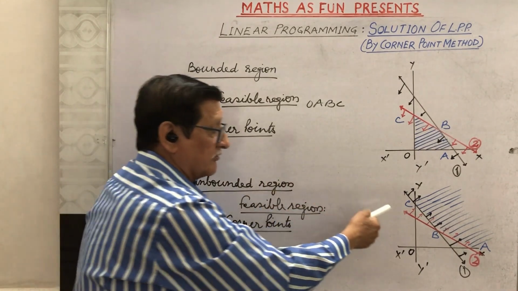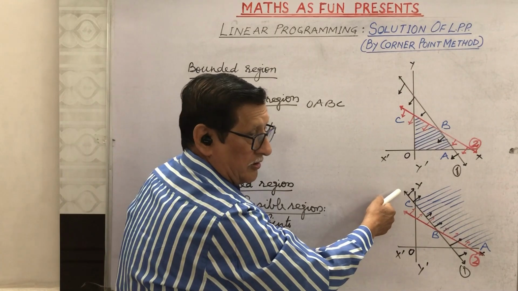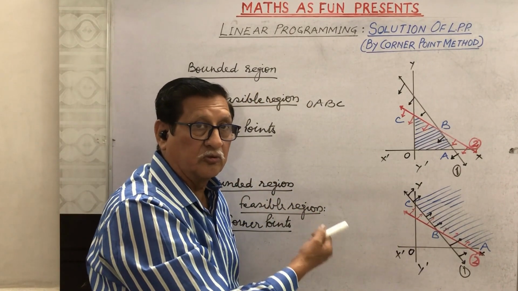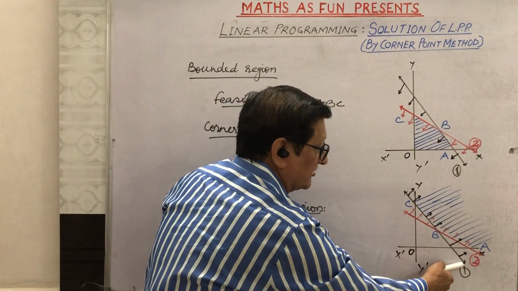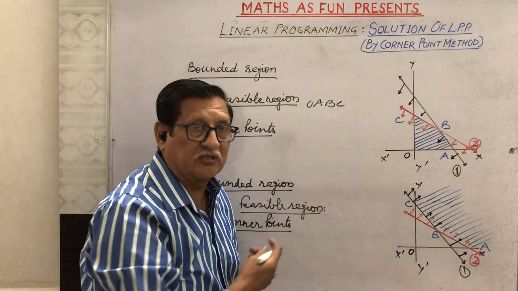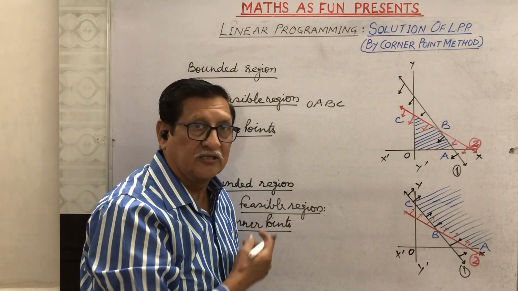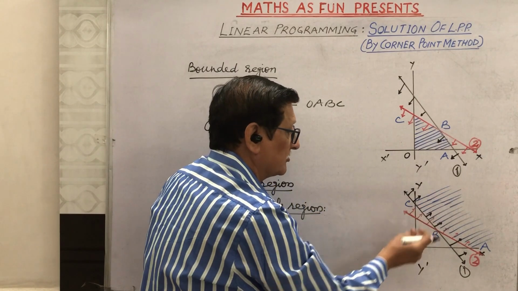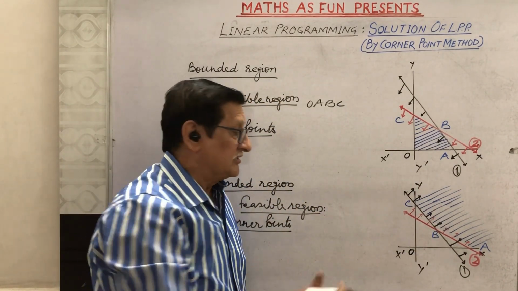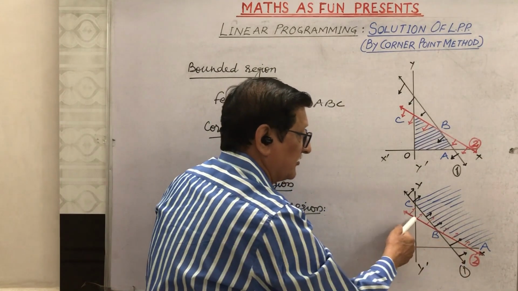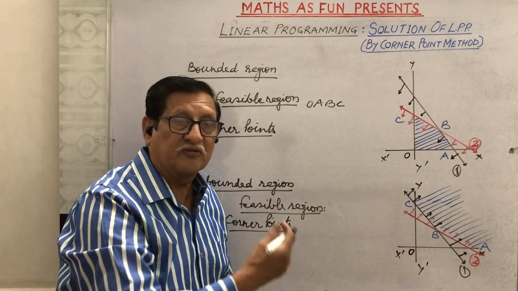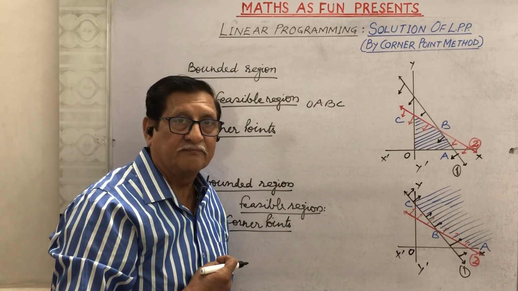Suppose we have another case in which we draw the graphs for both the inequations or the constraints. Number one is here, but this is outwards, meaning against the origin side. The solution of this lies on the side where the origin is not lying. When we draw the second one, we find the solution of this also is in the region where the origin is not there.